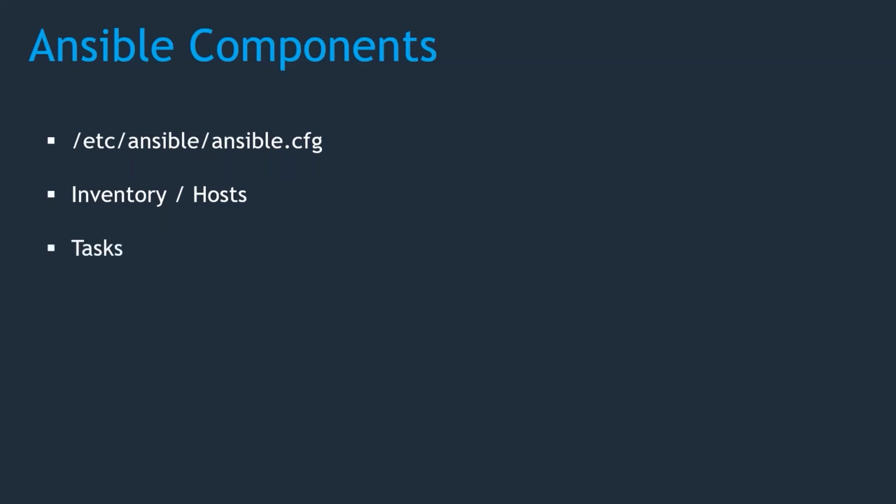Tasks are the activities which you are going to execute on the managed servers. Next, playbooks are a collection of tasks, and modules. Modules are nothing but predefined commands which you can directly use in your Ansible playbook. So these are the components, I can say.